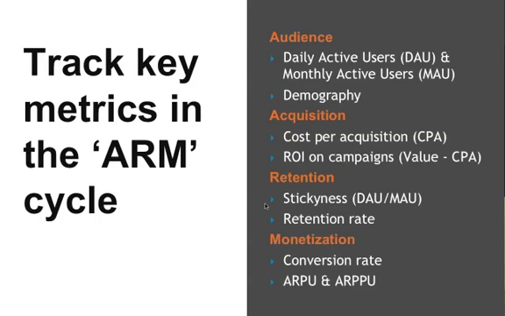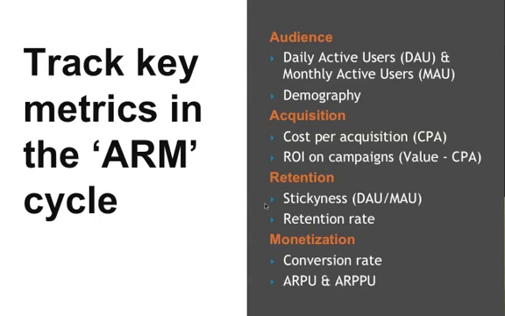So the first aspect that most developers look at is audience, right? And the things to understand over here are your daily active users and monthly active users. What's happening to them? What's that trend? What's that number looking like on a daily basis and a monthly basis?